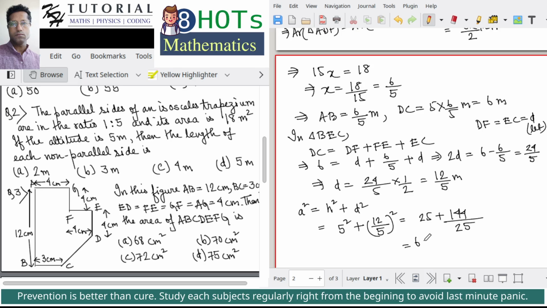This is equal to 625 plus 144 by 25. This is equal to 789, not 789 but 769, 769 by 25.